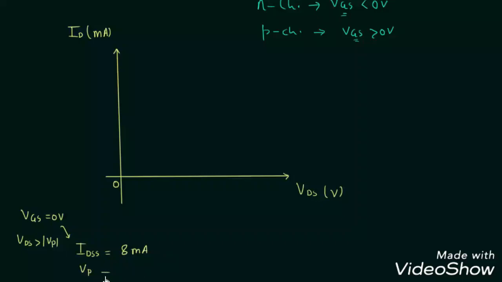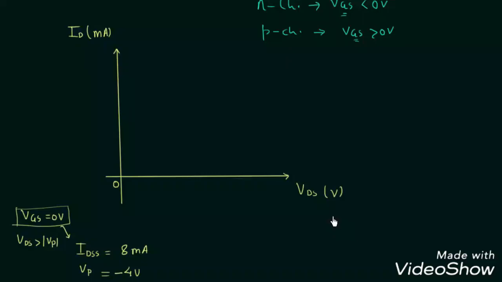VP is the pinch off voltage, and let's say it is equal to -4 volts. So we are obtaining the output characteristics of N-channel JFET with IDSS equal to 8 milliamps and VP equal to -4 volts.